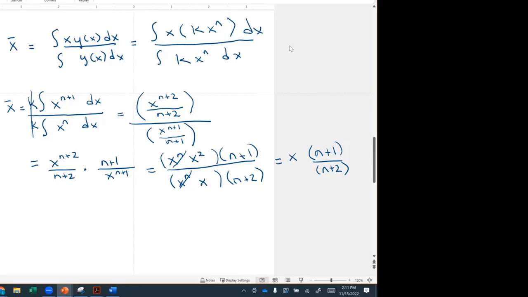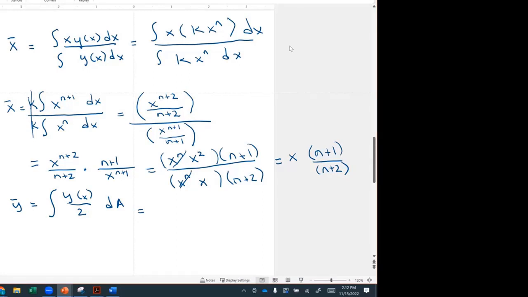Let's do y bar. Y bar is equal to the integral of, the way they have it written in the book, they have dA, which means the area. We're not using that formula because we're not doing double integrals in this class.